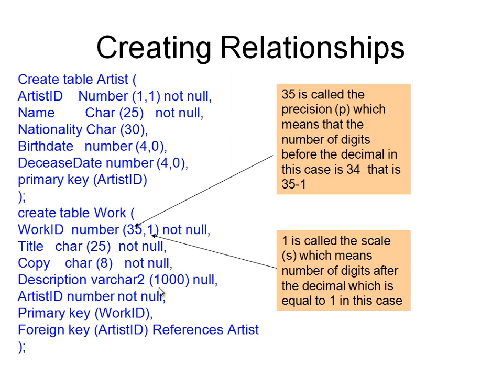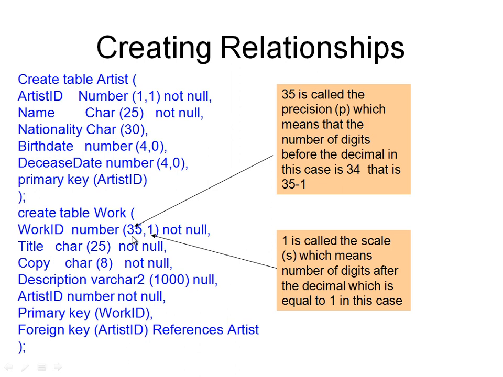To create a relationship between two tables, we use the foreign key as shown over here. So we have the create table artist, and we have the columns artist ID, name, nationality, birthday, deceased date, and we have the primary key identified as the artist ID. We have the number with two numbers here, and that means the first number is the number of digits before the decimal, while the second number is the number of digits after the decimal.